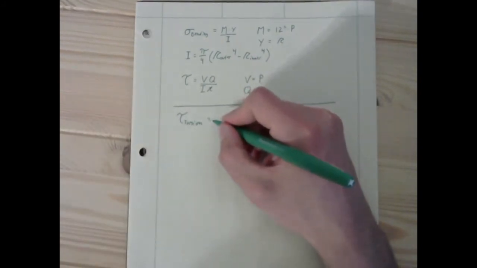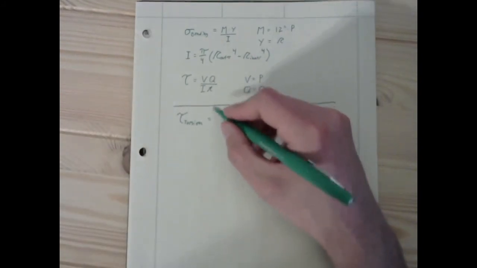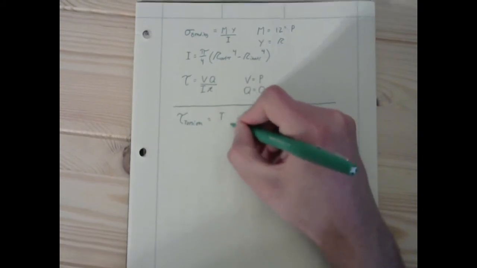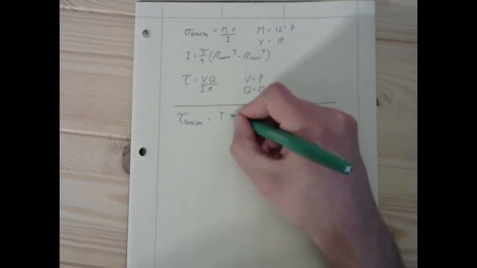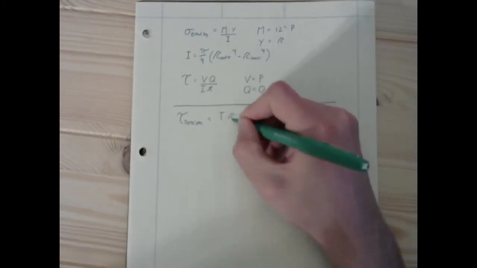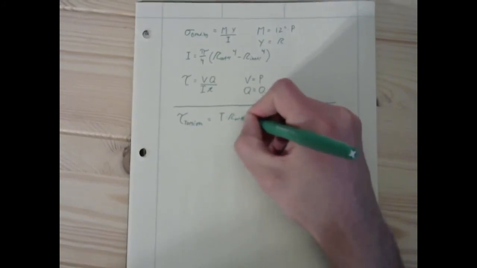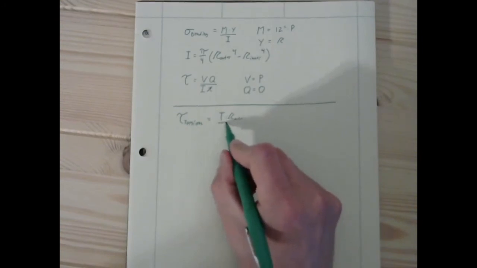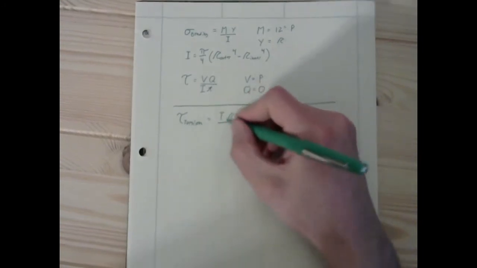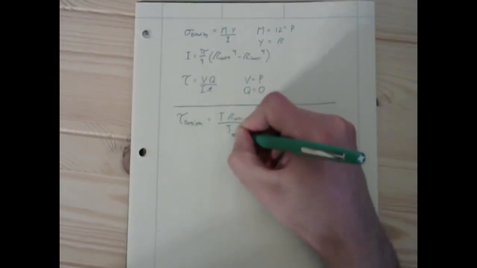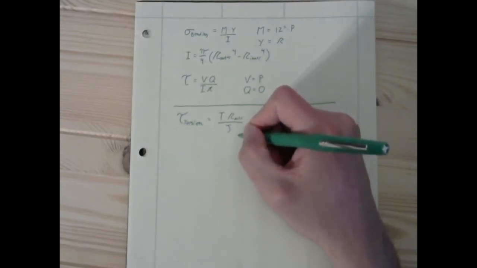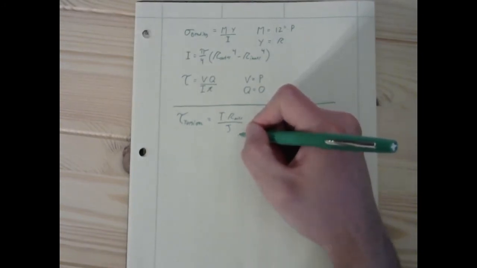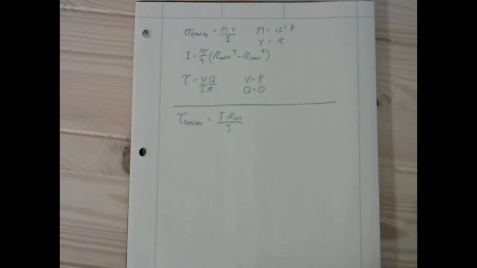So that is going to be equal to the torque applied times the outer radius, or c, which in this case is going to be the outer radius, divided by J, our polar moment of inertia. So that's going to be the shear stress that we have to worry about.